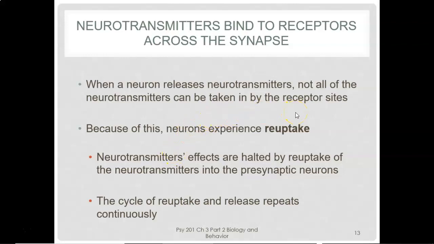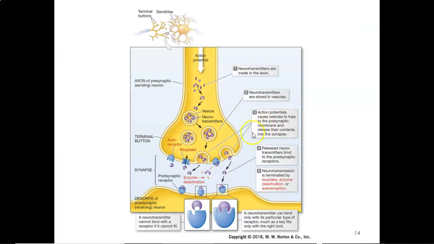When a neuron releases neurotransmitters, not all of the neurotransmitters can be taken in by receptor sites. So, let me just check. Okay. So when we look at our synaptic gap, here we see our receptor sites on our dendrite have received neurotransmitters. But there's still some leftover neurotransmitters in the synaptic gap. So it's not unusual for axon terminals to release more neurotransmitter than the dendrite can receive.